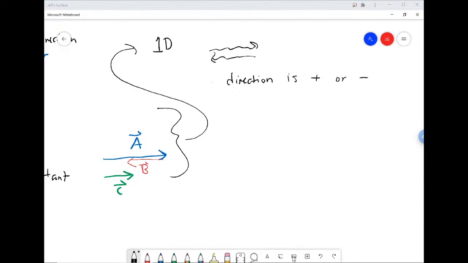And so one thing I want to tell you guys is there's an aspect of subjectivity here. Your positive may be someone else's negative. And you say, well, that doesn't make any sense. Positive on an x-axis, positive is always to the right, right, and the negative axis is always to the left.